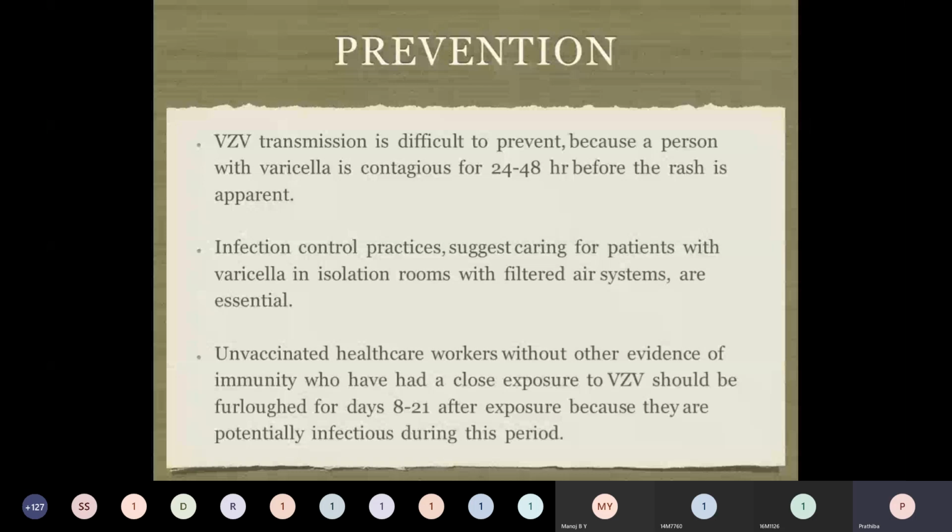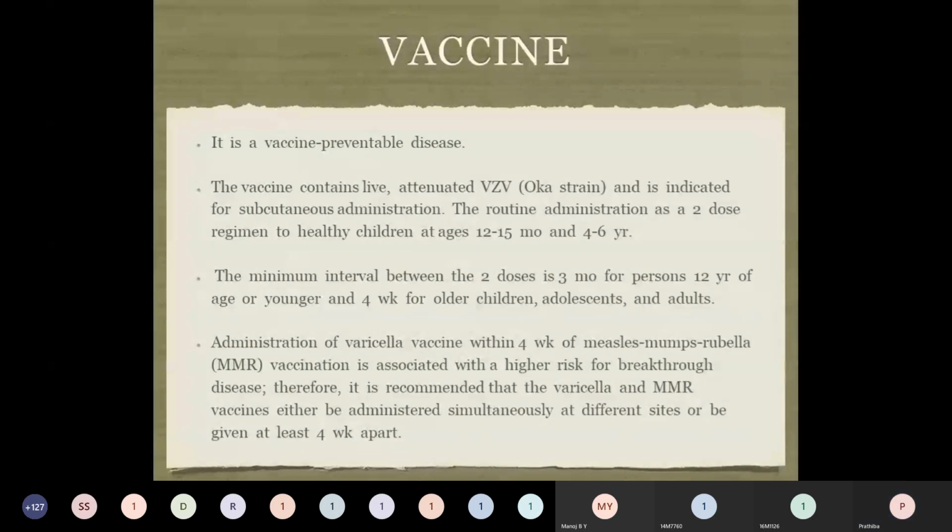Unvaccinated healthcare workers without other evidence of immunity who have had exposure to varicella zoster should forgo work for days 18 to 21 after the exposure because they are potentially infectious during this period.